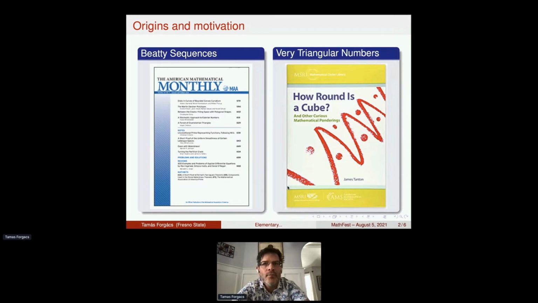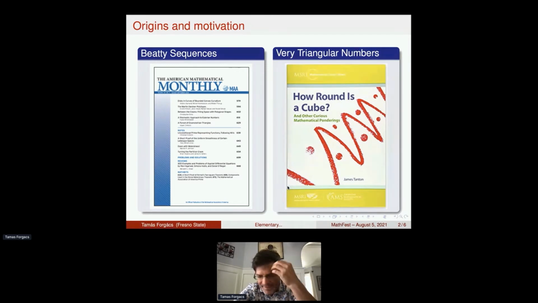And math circles run at every level, essentially, of pre-college. And I look at this as, okay, these problems are really accessible. They should be just perfectly at the level where undergraduate students in an elementary number theory class, for example, could take up one of these problems and start digging and take it as far as they can.